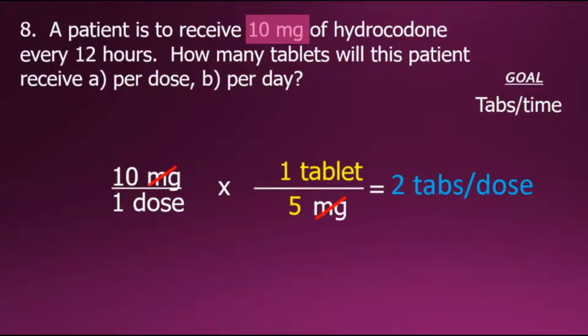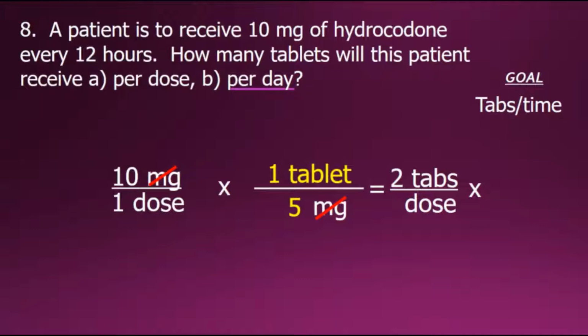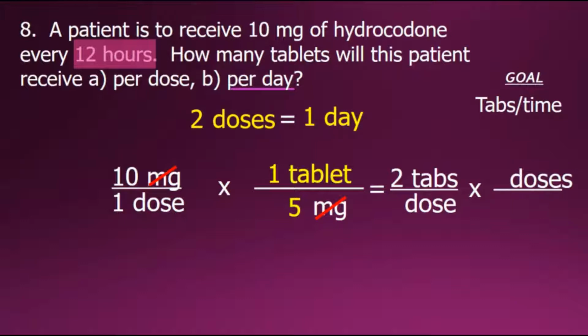To answer the next question, which is asking per day, we will refer to the additional information in the orders, which states every 12 hours. Since there are 2 12-hour periods per day, we will set up another conversion fraction that will cancel out our current dose.